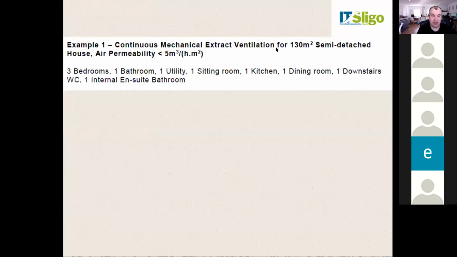It's semi-detached. It has 3 bedrooms, 1 bathroom, 1 utility, 1 sitting room, 1 kitchen, 1 dining room, 1 downstairs toilet, and 1 internal ensuite bathroom.